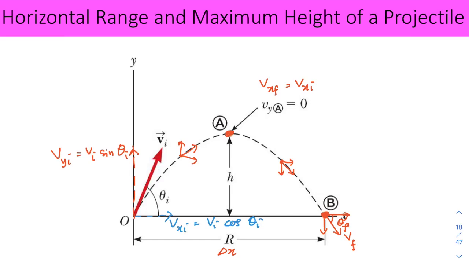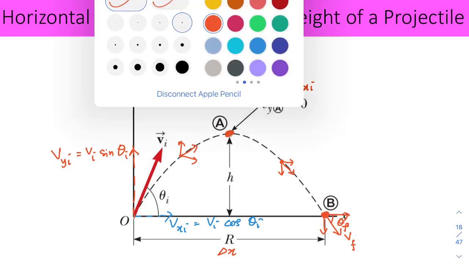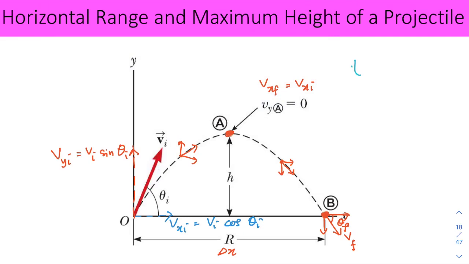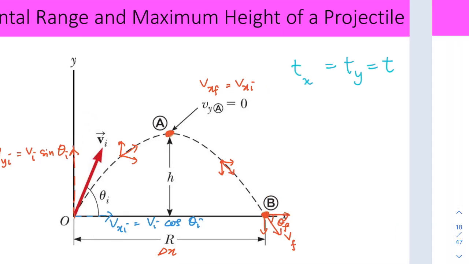The only thing that is shared between the y component and the x component is time. The t along x is the same t for the y component, which is only t. So if, let's say, you have two unknowns within the y component, you need to solve for the x component, figure out the t, and substitute into the y component.